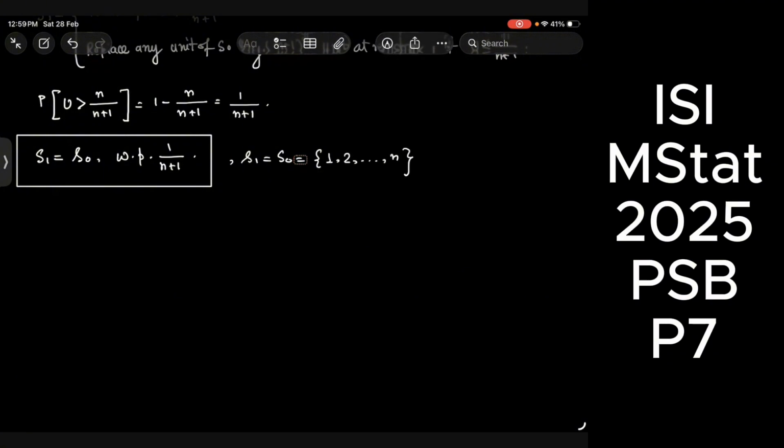In the second case, what will we have as the probability of S1 except I? What will be this probability?